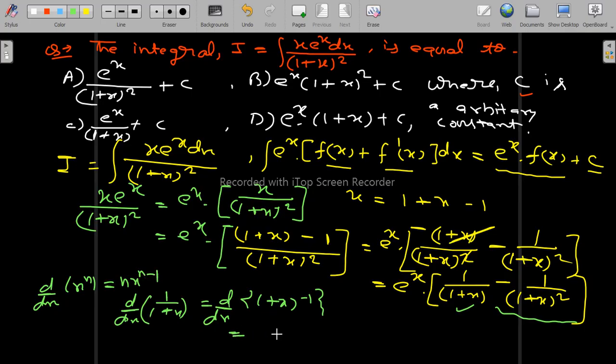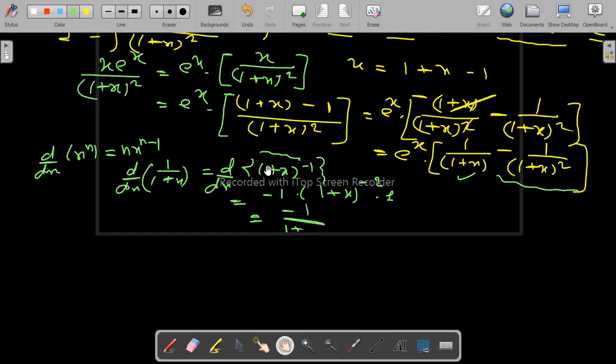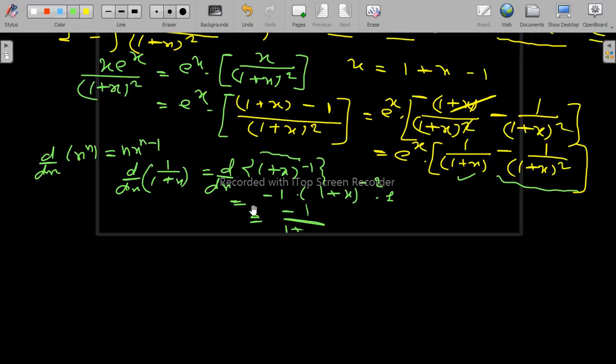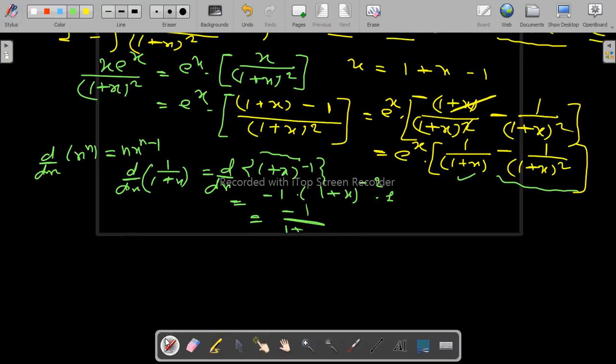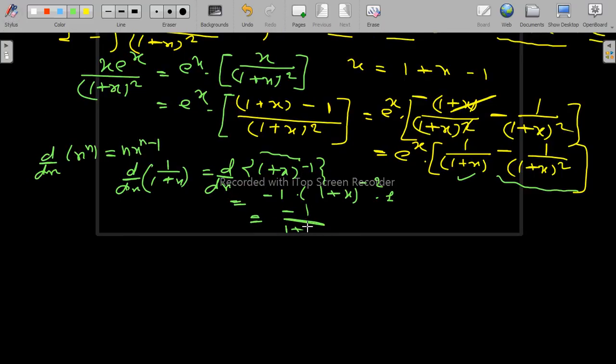Using this formula, when you differentiate it, it will become minus 1 into 1 plus x power minus 2, and the differentiation of 1 plus x is 1 only, so no change. That means minus 1 by 1 plus x whole square.